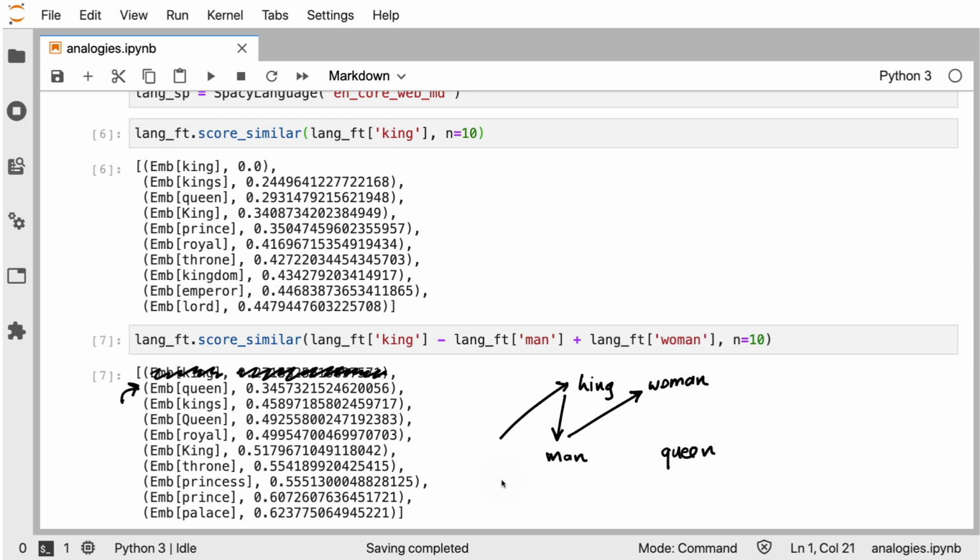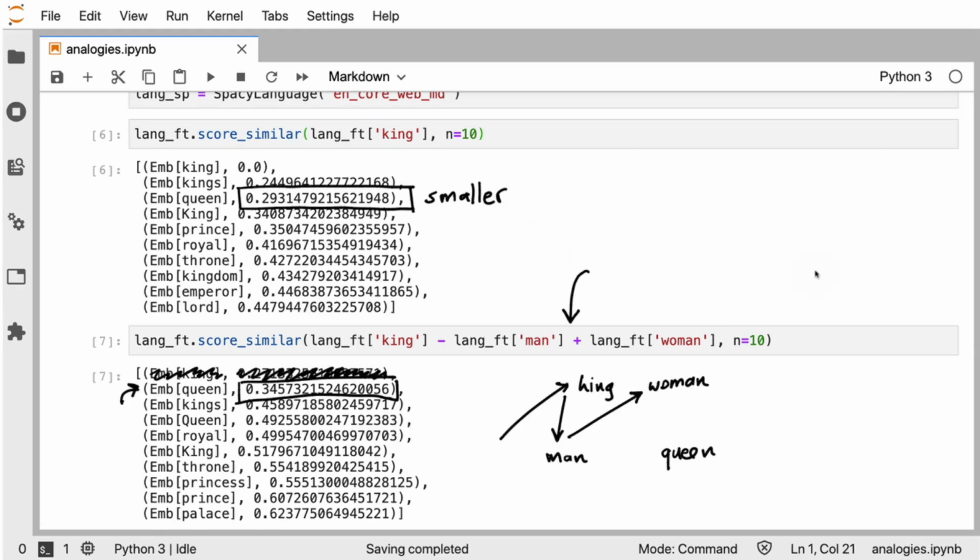If I look at the cosine distance that queen has here, then it seems that the cosine distance that I had before is actually smaller. So I hope that you would agree that for this basic example in the fastText embedding space, it simply doesn't hold that king minus man plus woman equals queen. If we just left king intact, it would have been more similar to queen than where this embedding ends up.